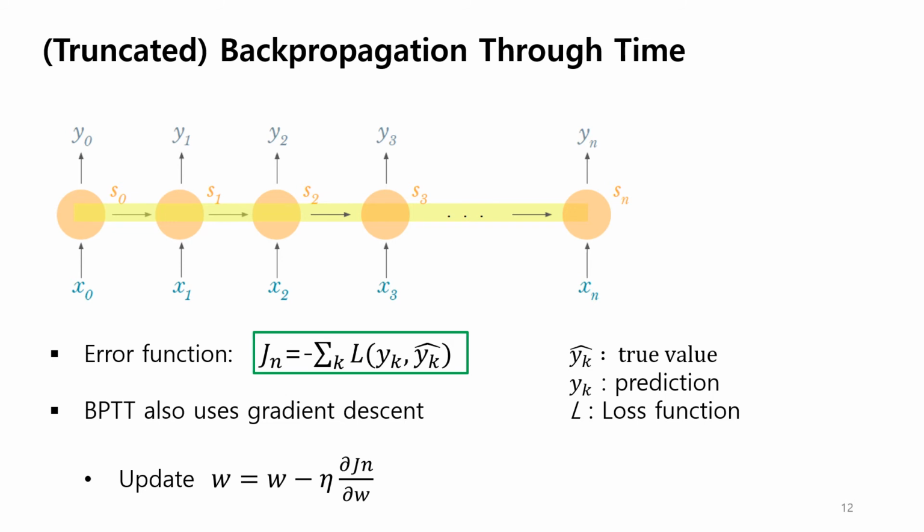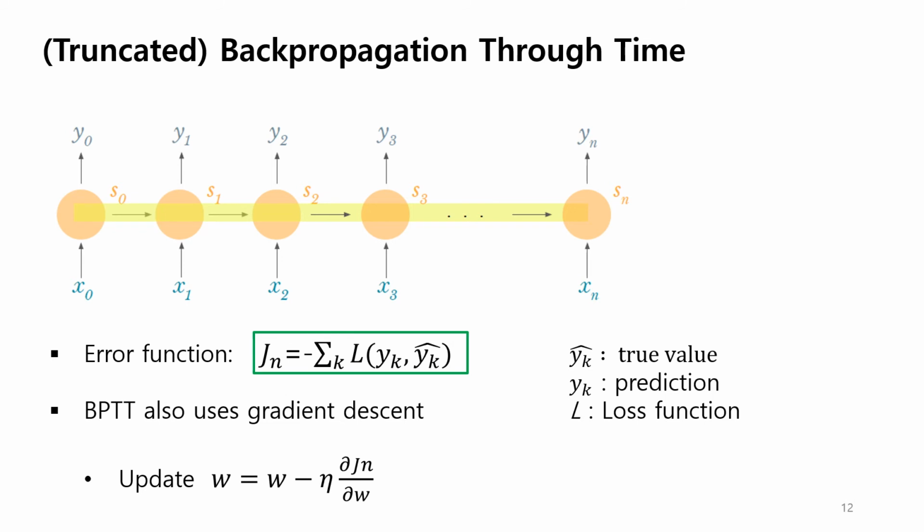Let k be the time step, k equals 0, 1, 2, up to n. For each time step, L(yk, yk hat) is the error in time step k.